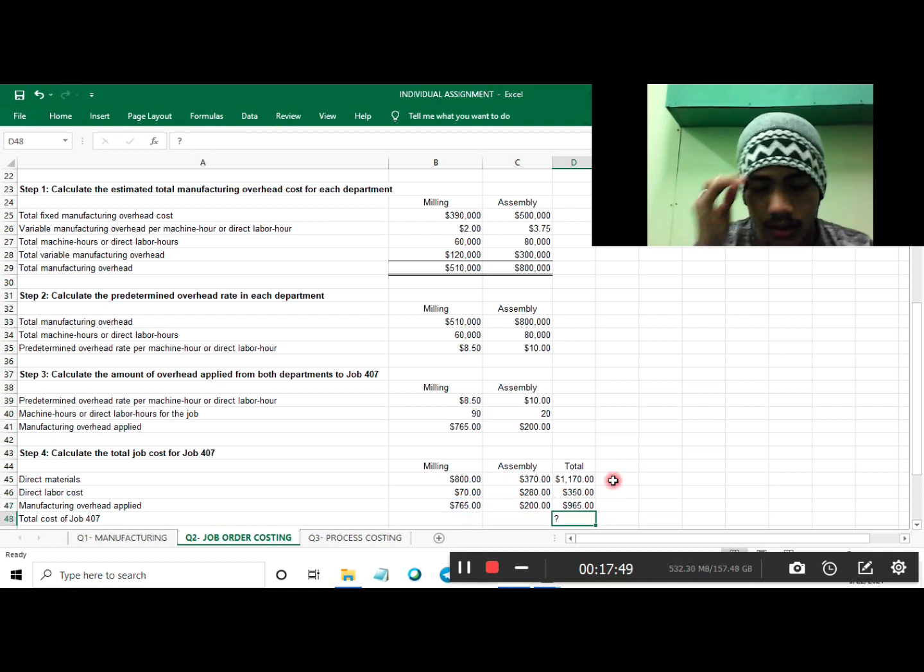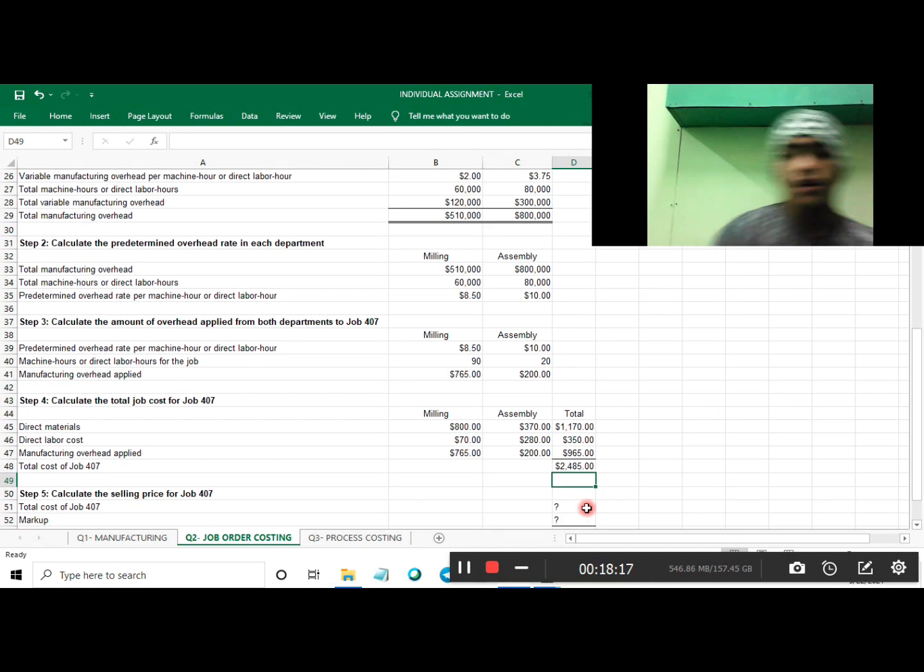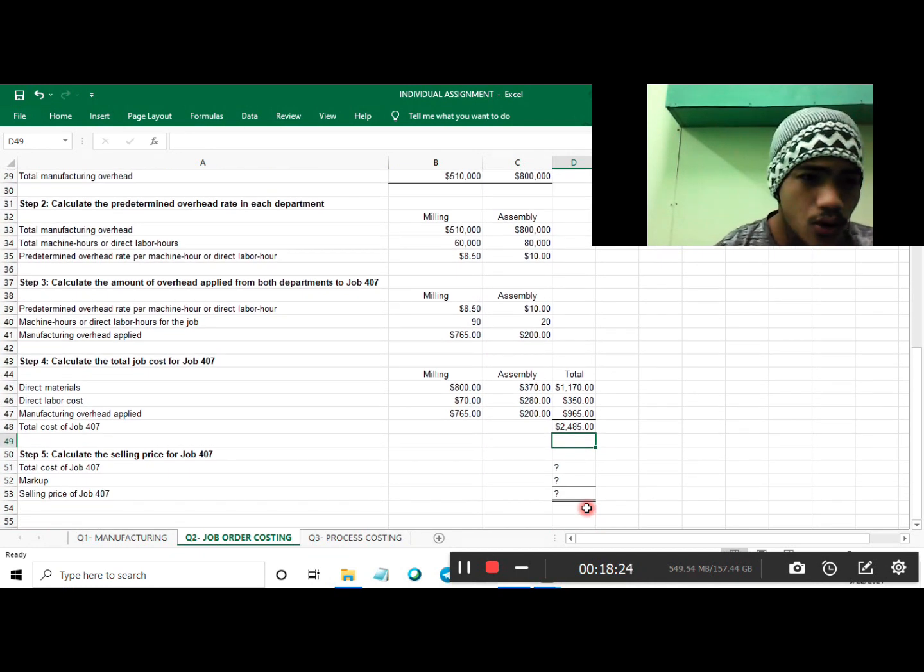So we get 965 ringgit. So we need to get the total cost of job 407. We get 2,885 ringgit.